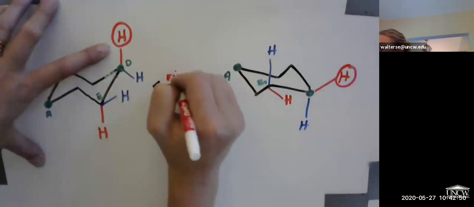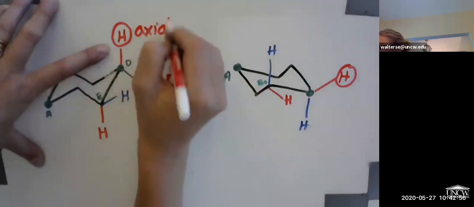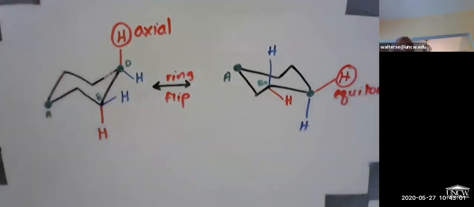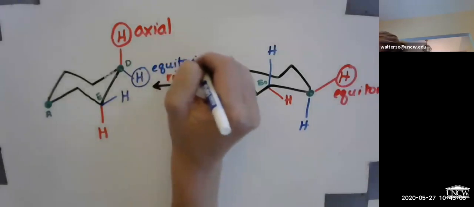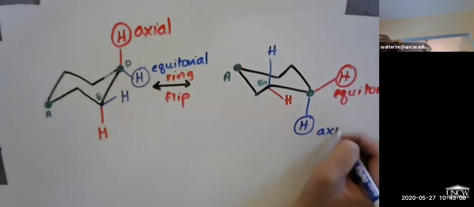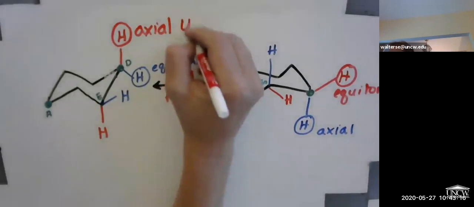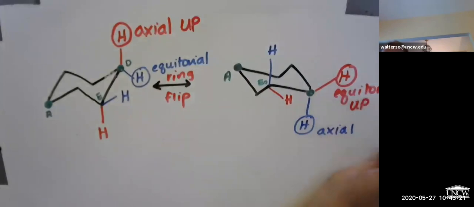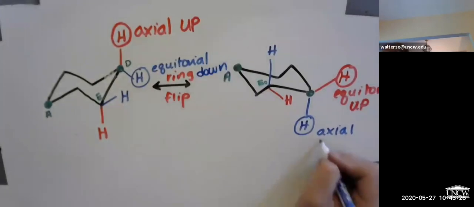So during the ring flip, axial becomes equatorial. Equatorial becomes axial. But this is axial up. This is equatorial, but up. So up stays up. Down stays down.